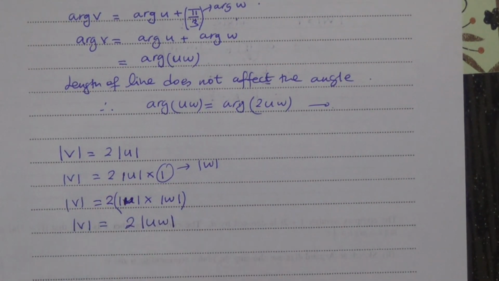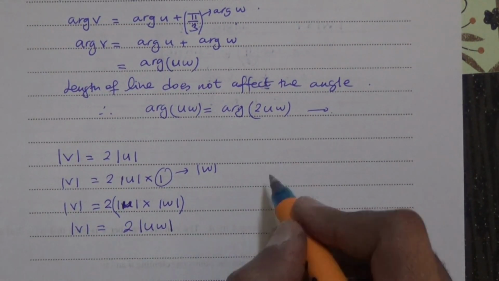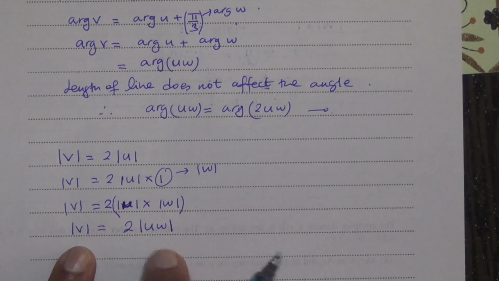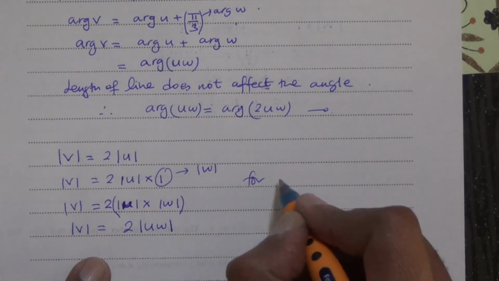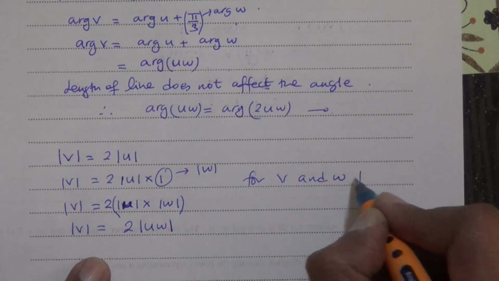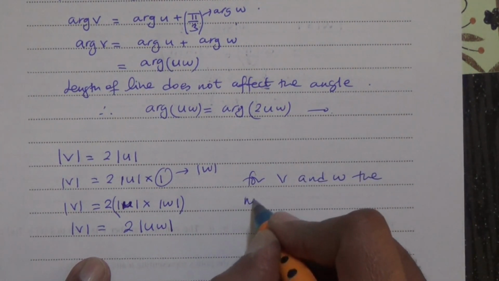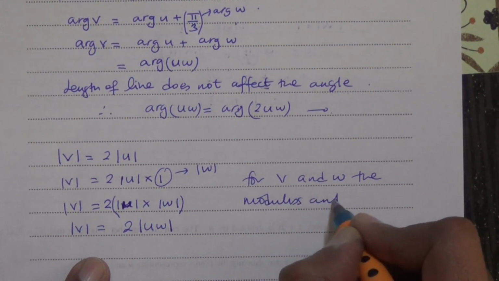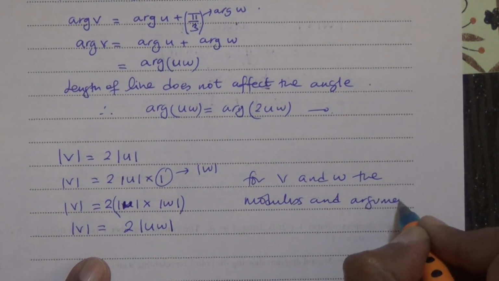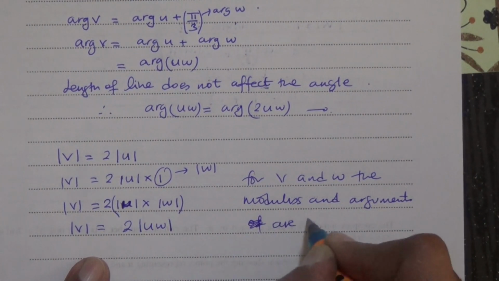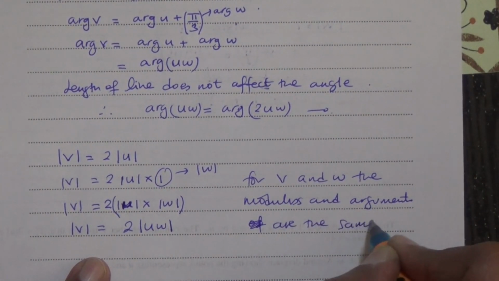So for V and 2UW, the modulus and the arguments are the same.